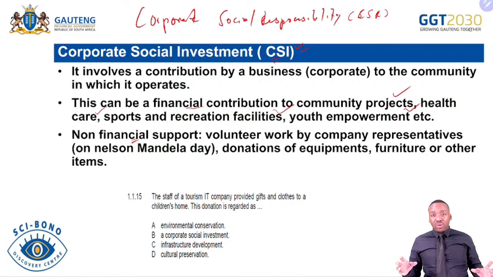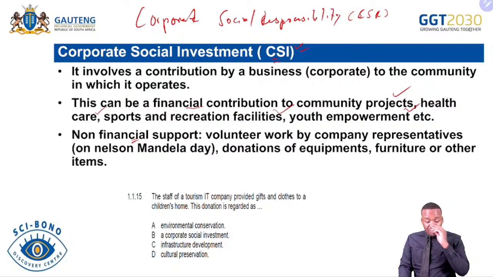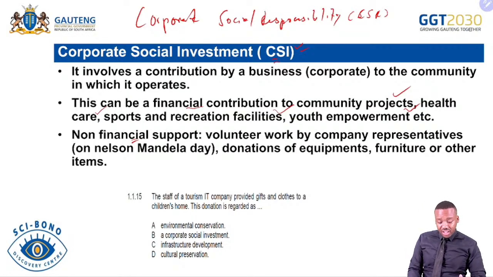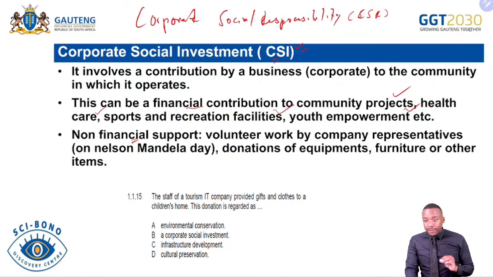So that is part of corporate social investment. There on part of your section D, you also come across this, and then you must be able to identify the things that a tourism business could be doing in order to play their part in corporate social investment.